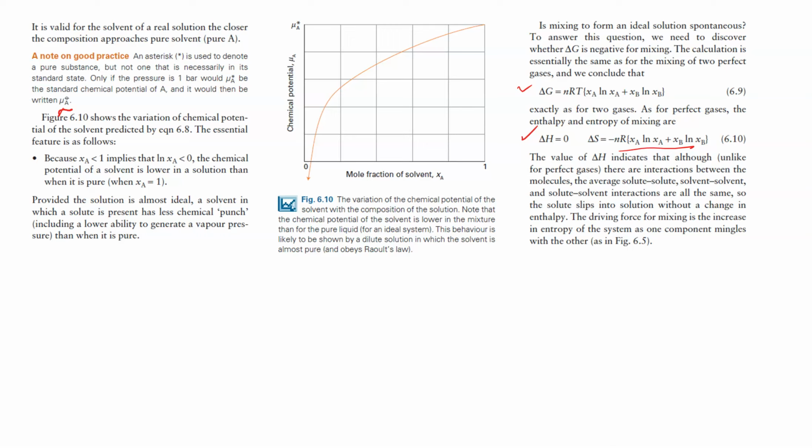So the solute slips into solution without a change in enthalpy. The driving force for mixing is the increase in entropy of the system as one component mingles with another. So, very similar outcomes as we saw for spontaneous mixing of gases.